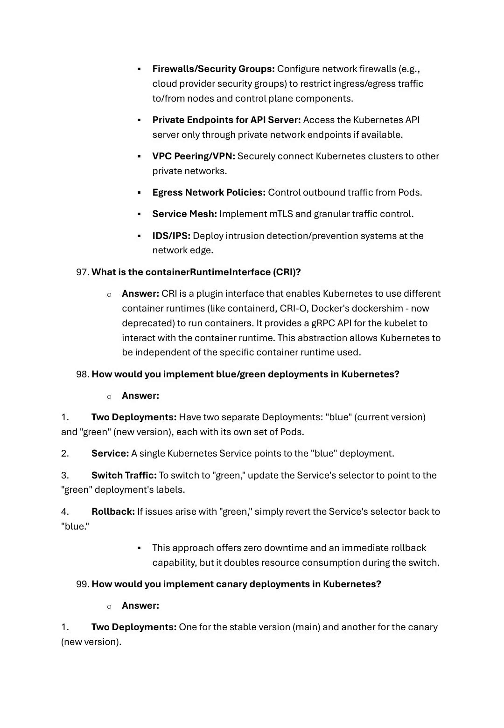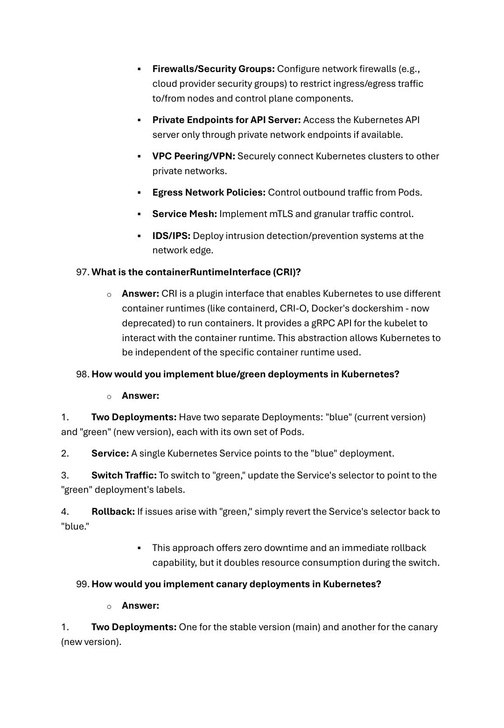A single Kubernetes service points to the blue deployment. 3. Switch traffic. To switch to green, update the service's selector to point to the green deployment's labels. 4. Rollback. If issues arise with green, simply revert the service's selector back to blue. This approach offers zero downtime and an immediate rollback capability, but it doubles resource consumption during the switch.